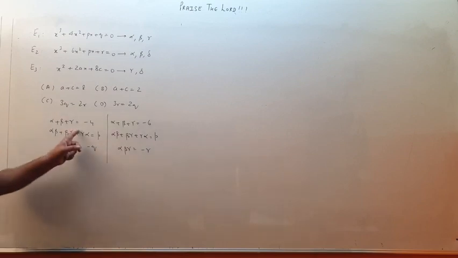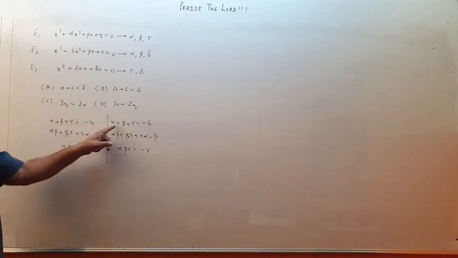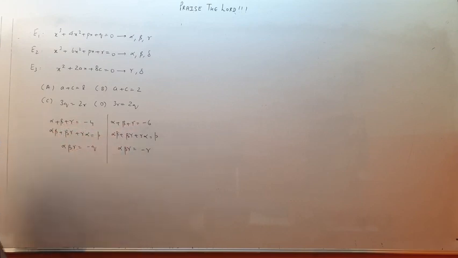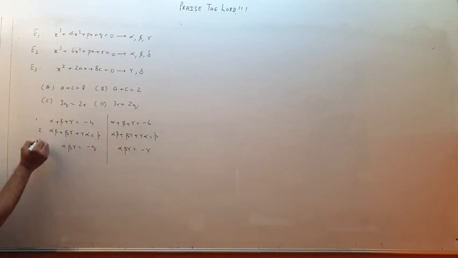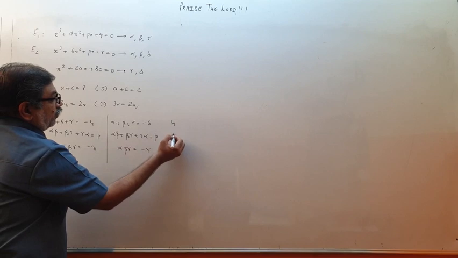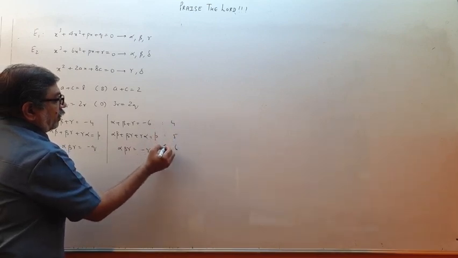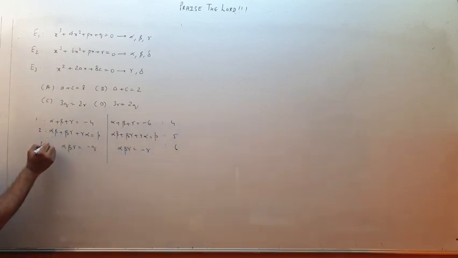So children, if I compare these two, I can get the value of alpha plus beta. Alpha plus beta here is minus 4 minus gamma, and here is minus 6 minus gamma. So I number them 1, 2, 3, and this is 4, this is 5, this is 6.